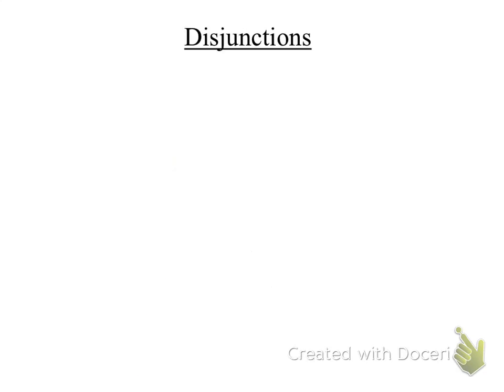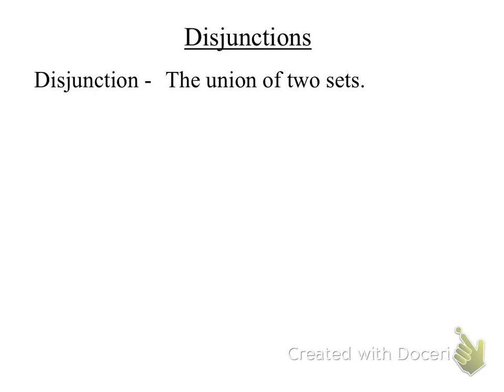All right, so now here's what we call a disjunction. Now, a disjunction is an or statement. Dis kind of makes it sound like it's broken up, which is kind of what a disjunction is, where there is a breaking. This is the union of two sets, meaning these numbers or these numbers.